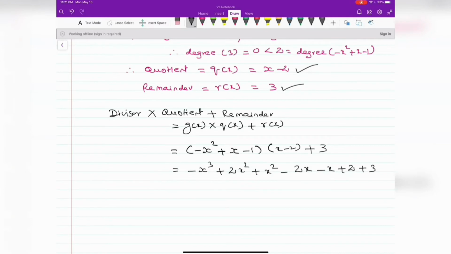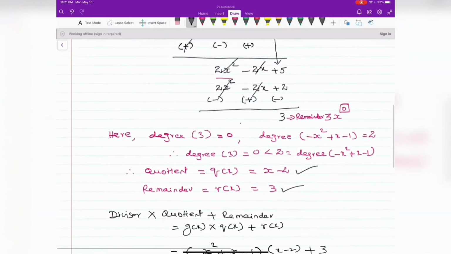When I collect the like terms, I will be getting minus x cube plus 2x square plus x square, that will give plus 3x square, minus 2x minus x, that will give minus 3x, then 2 plus 3, that will give plus 5. Which is nothing but your dividend.